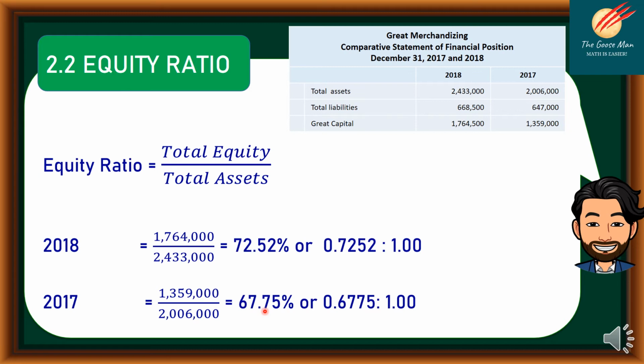The trend of the equity ratio improved in 2018 to 72.58%. It is a clear indication that the business is not highly dependent on creditors' funds in financing its operation for the years 2017 and 2018. The equity ratio appears to be attractive to the eyes of prospective creditors since more than 50% of the total resources have been provided by the owner.